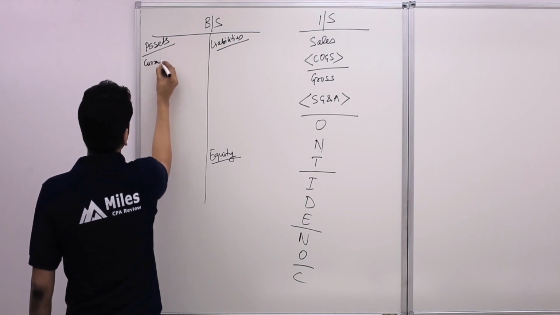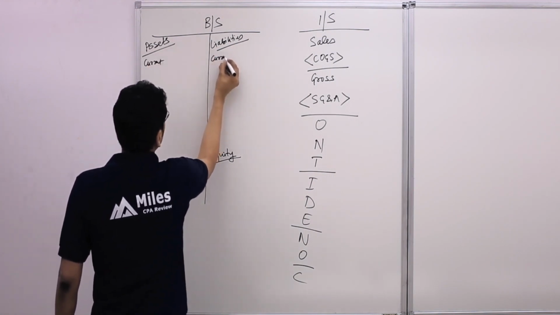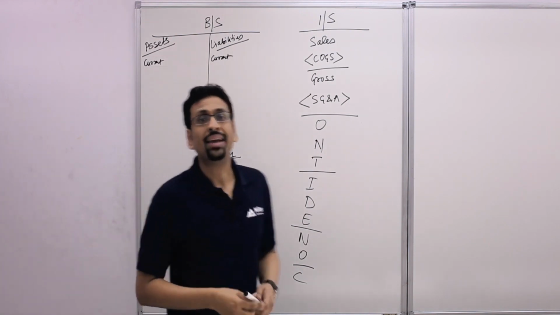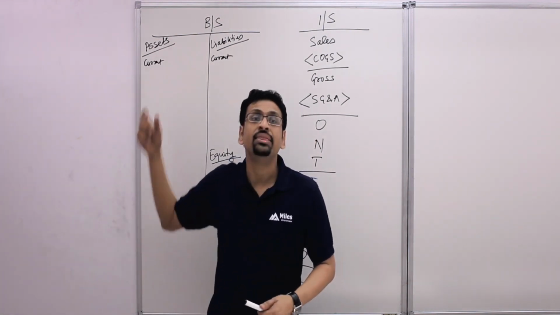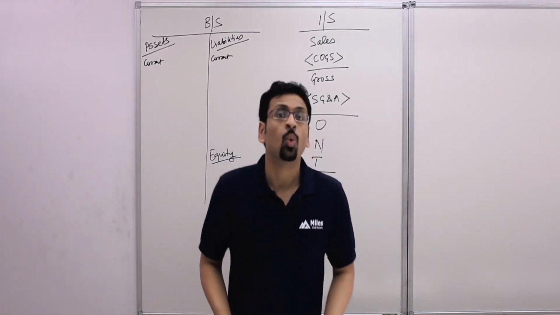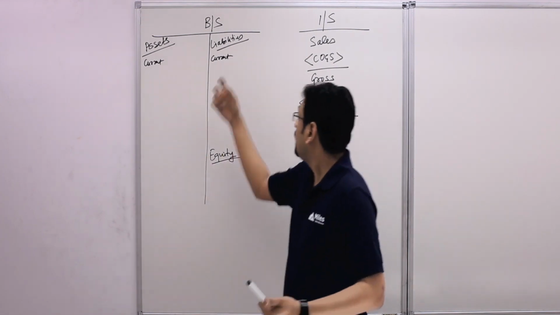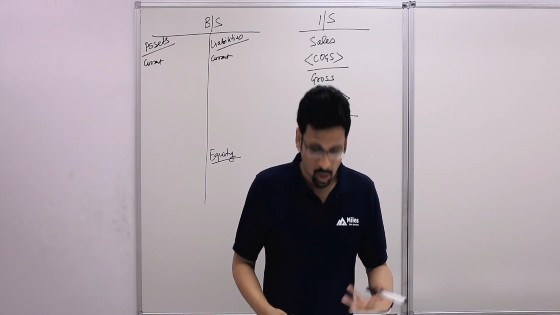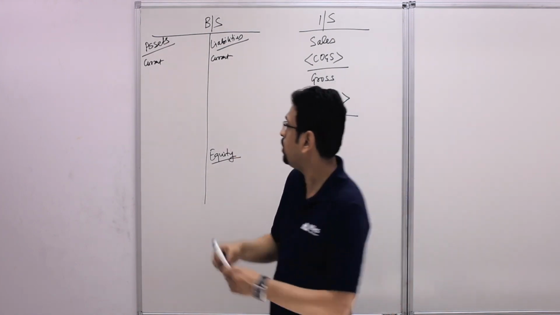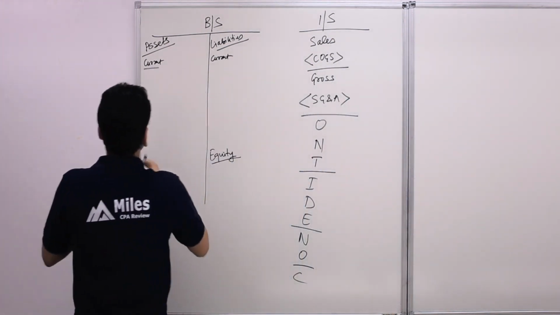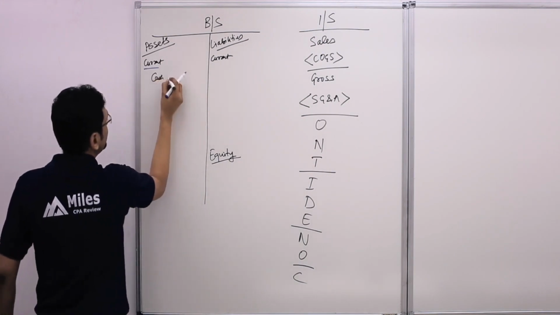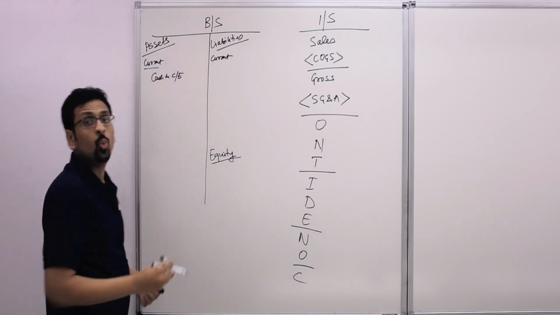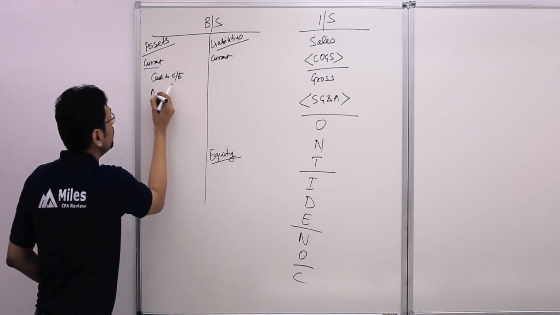So we look at current assets and current liabilities. By current assets, I mean assets that would be converted to cash within the next 1 year. Current liabilities, liabilities that would be settled within the next year. So in current assets, we're going to look at cash and cash equivalents. We're going to look at accounts receivable.